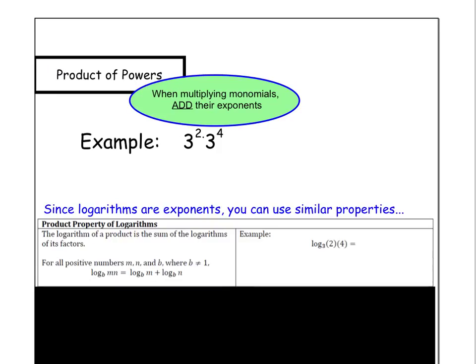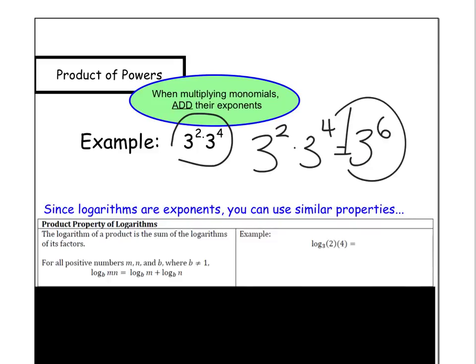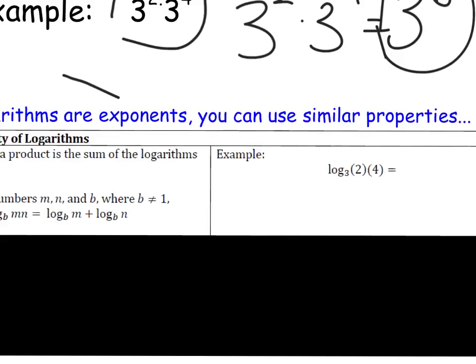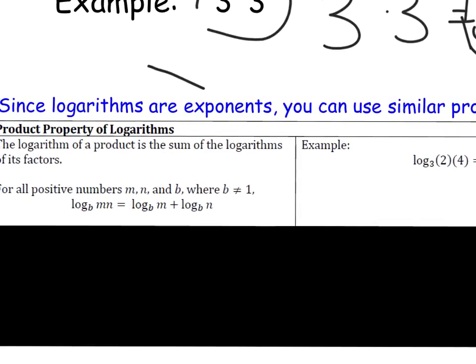So start with this. Remember how when you're multiplying, you add exponents. So 3 squared times 3 to the 4th is actually going to be 3 to the 6th. So you'd add those two up. Logarithms kind of work like that. Remember, logarithms are exponents. So if I've got two things that are being multiplied here, I can write them as a sum.